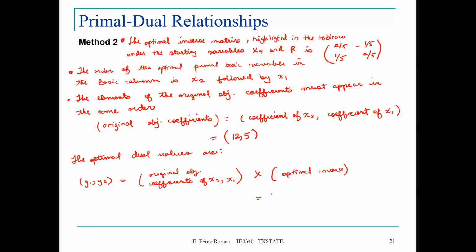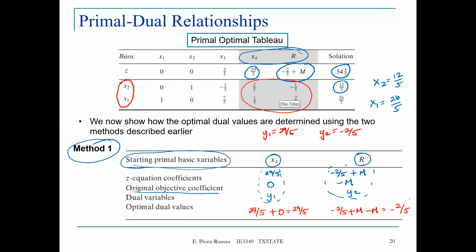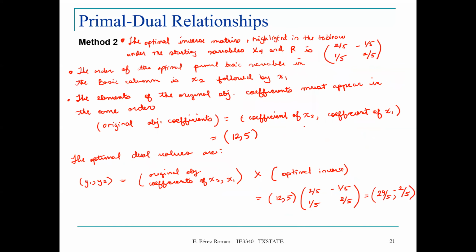So this is going to be equal to 12 and 5 times 2 over 5, minus 1 over 5, 1 over 5, and 2 over 5. So this is going to be equal to 29 over 5, minus 2 over 5, which is the same solution that we found using the first method. So as you can see, following either of the methods, you will get the same answer.